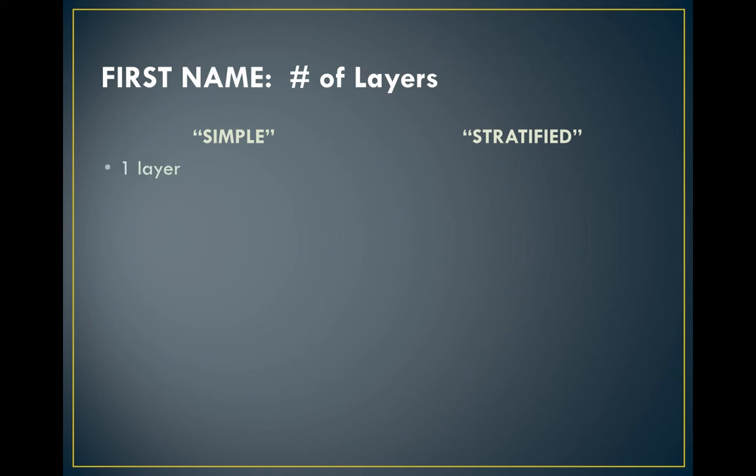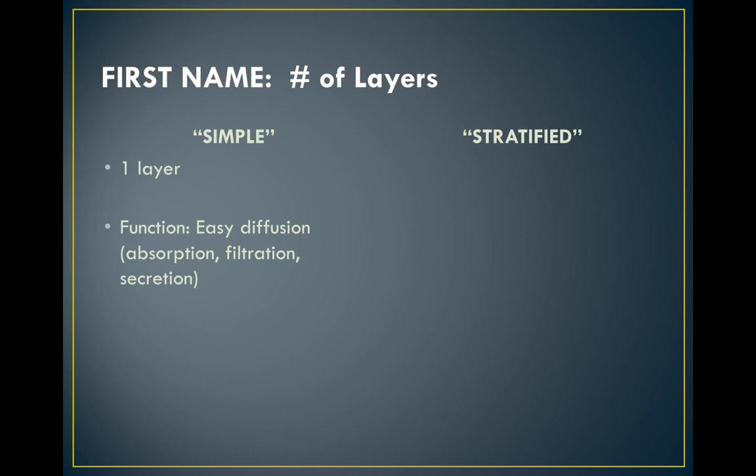If you are simple, that means that you are 1 to 2 layers thick. In some cases, simple epithelial are 2 layers thick, but you're pretty thin, right? And if you are thin and thus given the name of simple tissue, then you are going to easily move substances across your membrane, diffuse, if you remember that word from biology.